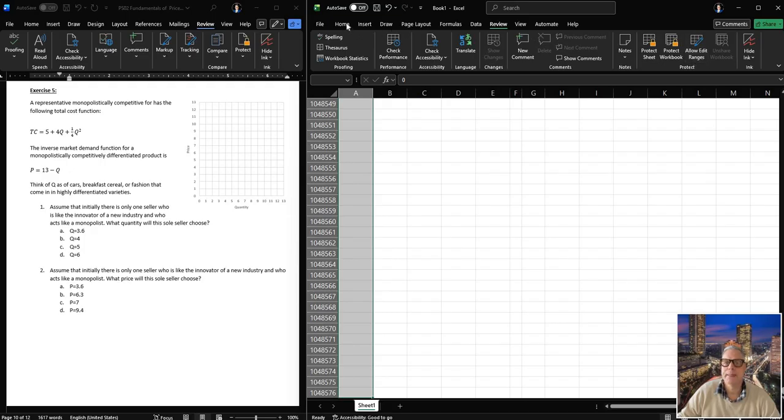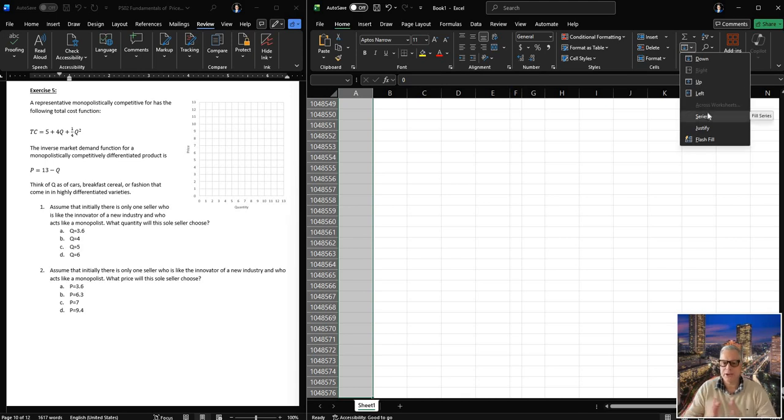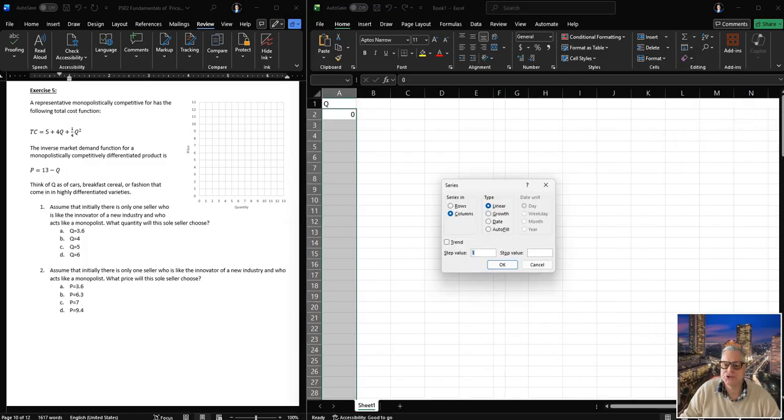But what I will do now is make it a little bit more granular so that we can see the curvature of the average total cost function nicer. So I create a series with a step value of 0.1, but the series ends at 13.